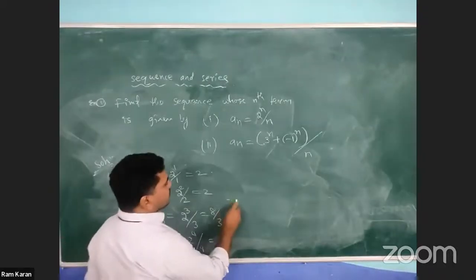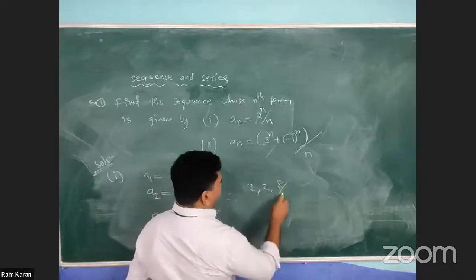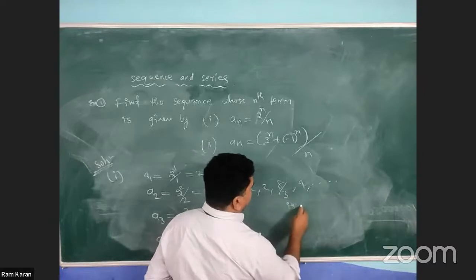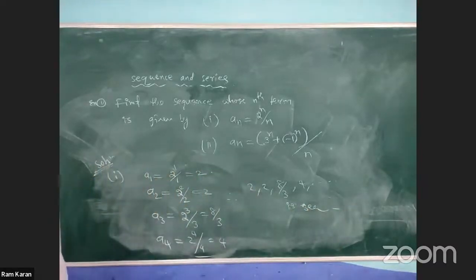So the sequence is 2, 2, 8 by 3, 4, and so on. This is the sequence of the given nth term.